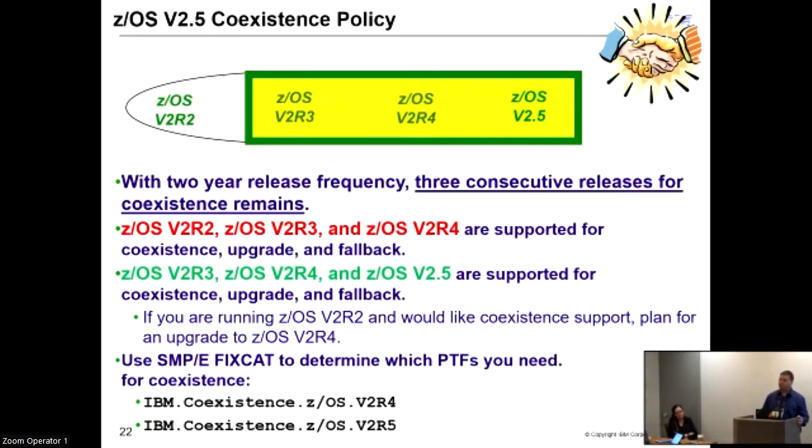So that means if you're running on z/OS 2.5, you can coexist with z/OS 2.4 and or z/OS 2.3. And the same thing for the others. So if you're running z/OS 2.4, you can't have z/OS 2.5 on the same system. Oh, I should mention, we have the coexistence fix cats that you can use when you run your missing fix report.